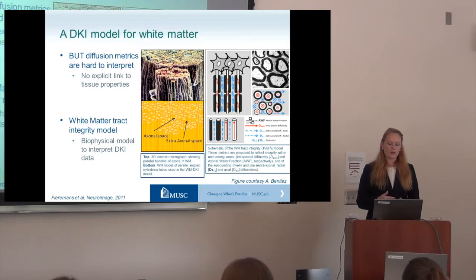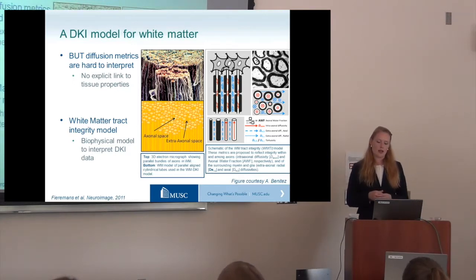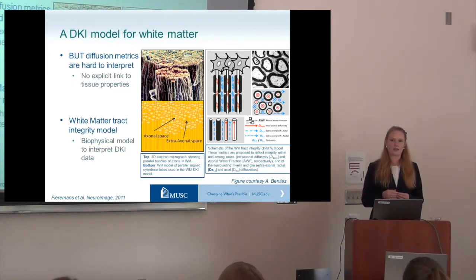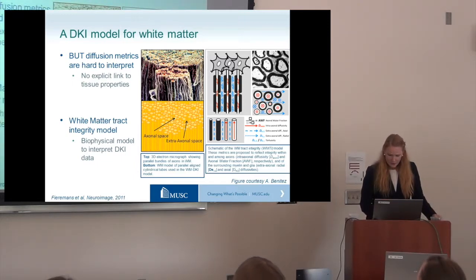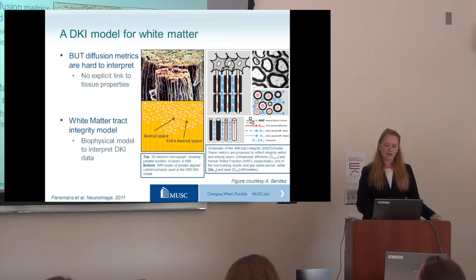In the model we were using, we're assuming that neurons can be approximated as thin cylinders that are impermeable because of the myelin. Here's an electron micrograph of bundles of axons. They kind of look like cylinders.